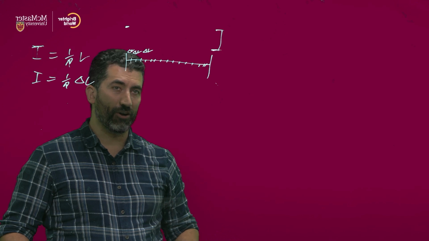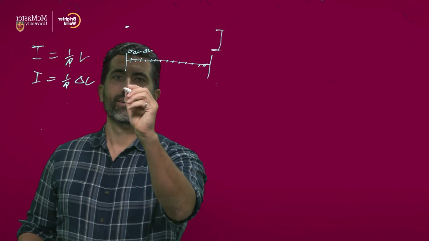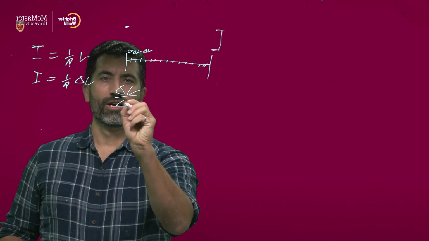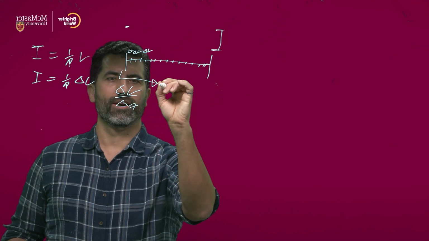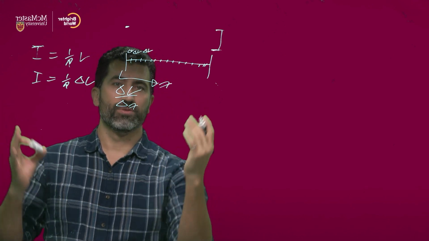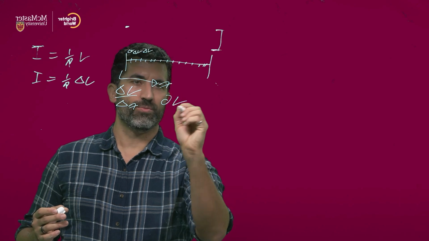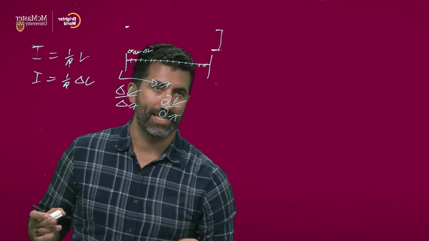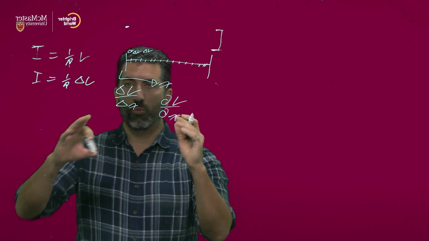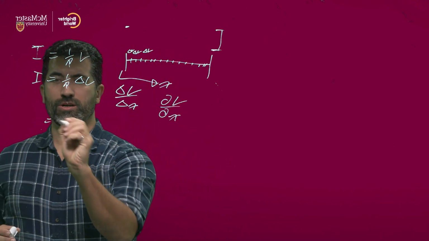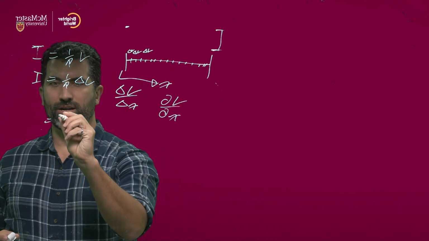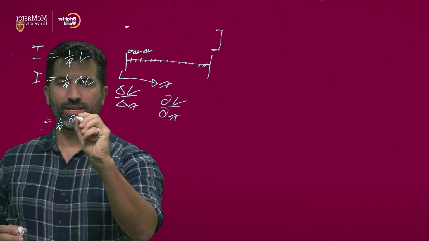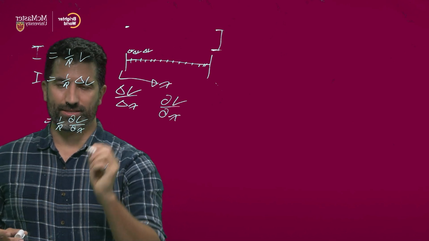Going to reach into our calculus toolboxes: delta V over delta X, this is X here, as delta X goes to 0, of course, this becomes the derivative of V with respect to X. Okay? So when you move that over to your equation, what you're going to find is at any point here, we're going to have 1 over R dV by dX.